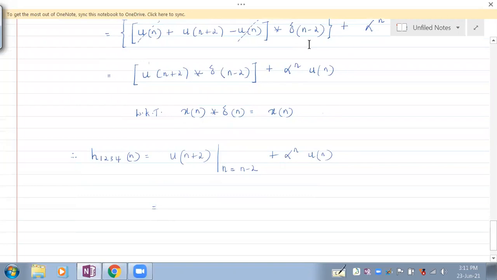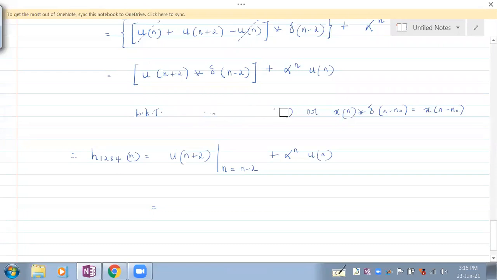Now see here, if you have x of n convolved with delta of n, you will get back x of n. Or if you have x of n convolved with delta of n minus n naught, then you will get x of n minus n naught. Everybody understand this point?